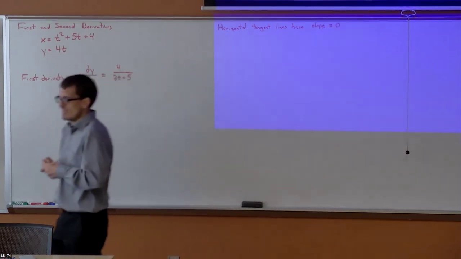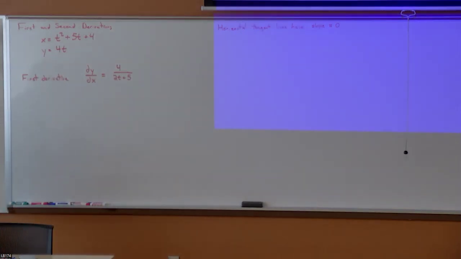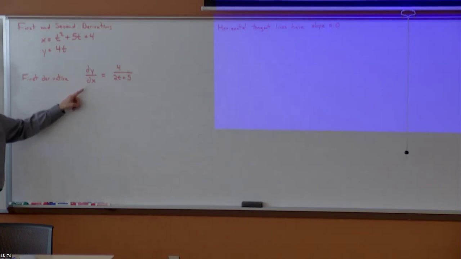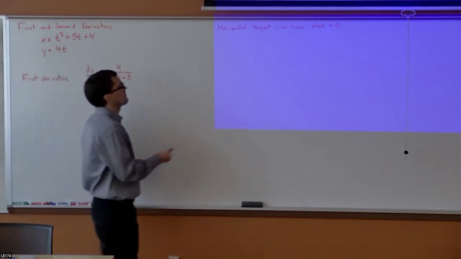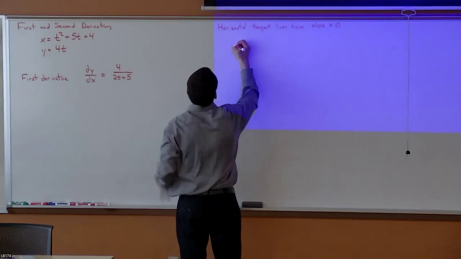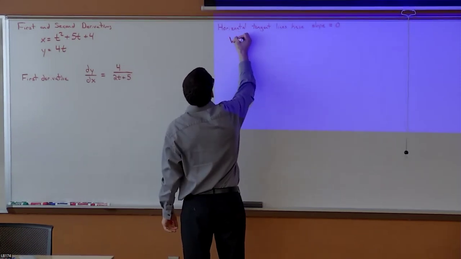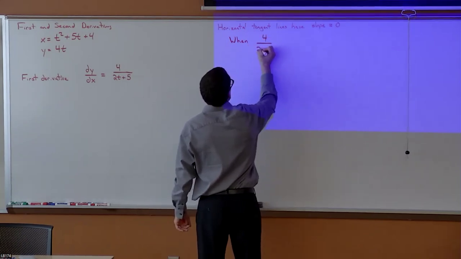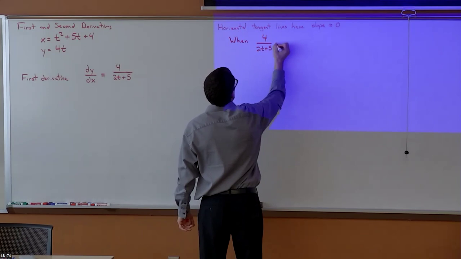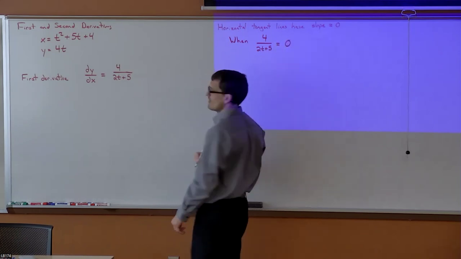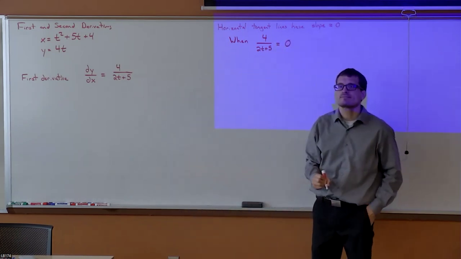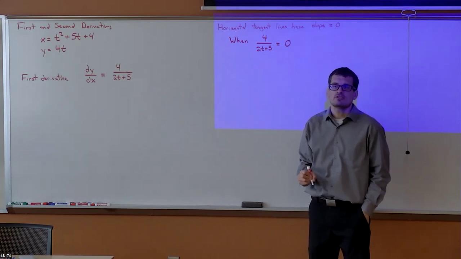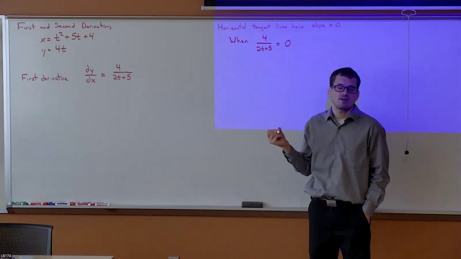Horizontal tangent lines have slope equal to 0. I know what the slope of all of the tangent lines are. They're my first derivative. So in this case, that's going to happen when 4 over 2t plus 5 is equal to 0. Now, it turns out in this scenario, that can never happen.